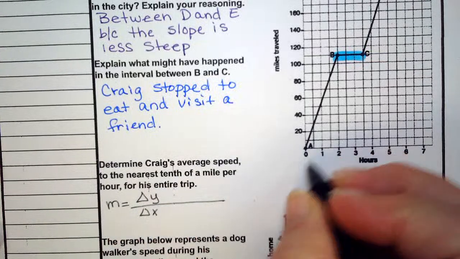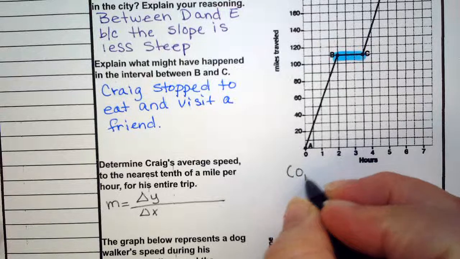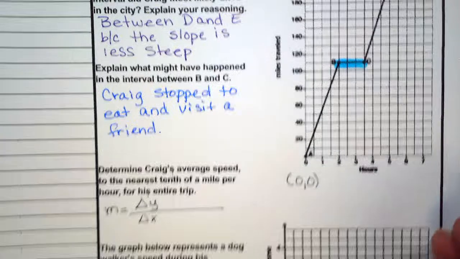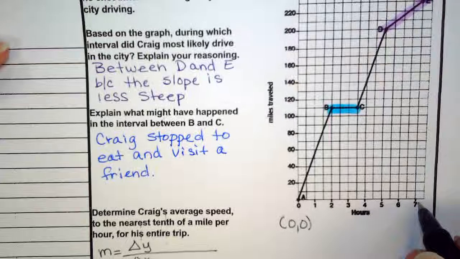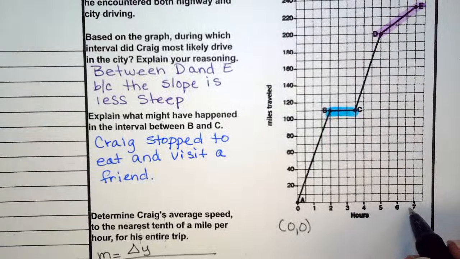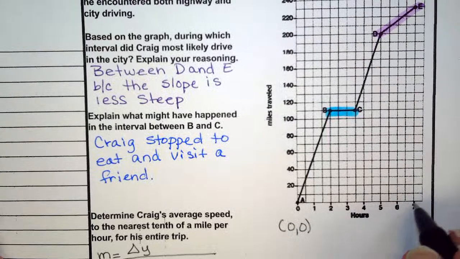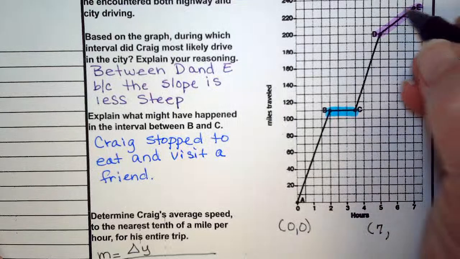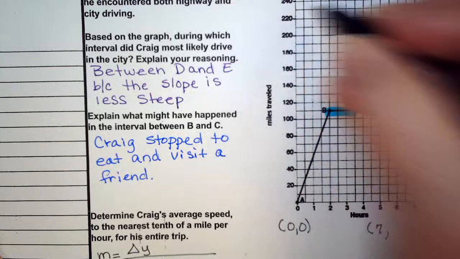This first point here is the point 0, 0. What is the last point? Well, this will be 7, and then I go up to 230.